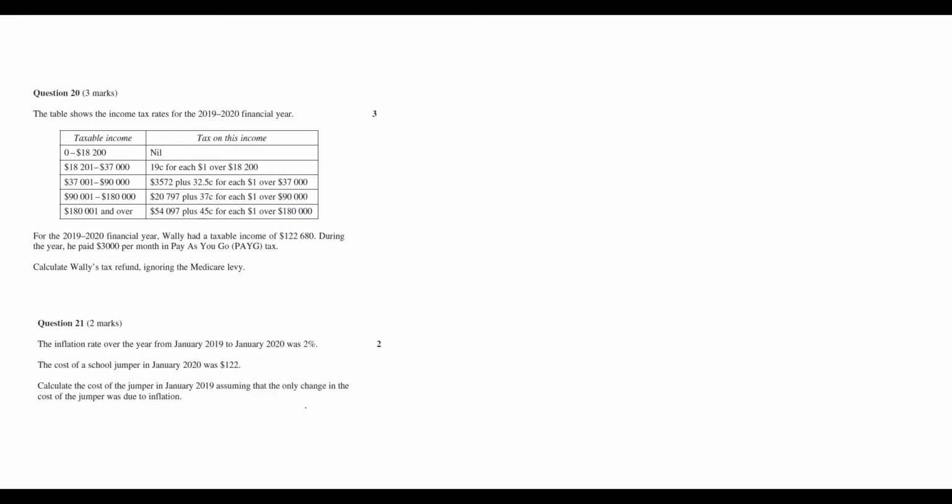Okay, so first of all, let's figure out how much tax he should be paying. So with an income of $122,680, he falls clearly in this tax bracket down here. So going through and calculating this as we normally would for any sort of problem like this, well, we say the tax payable is going to be $20,797, just this amount here, plus 37 cents for each dollar over 90,000. So the way that we write that out is in dollars.